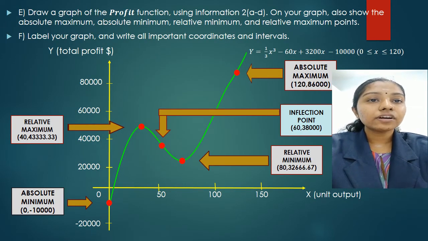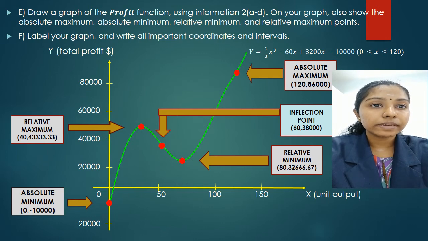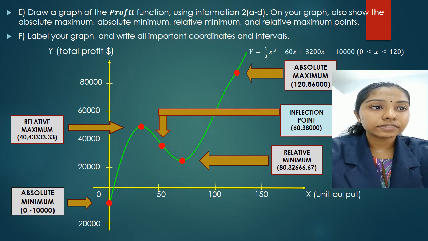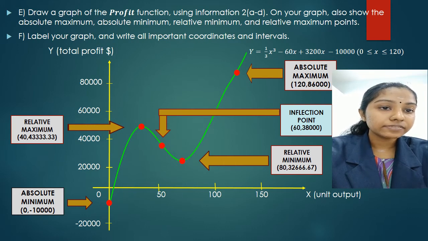Question E. Draw a graph of the profit function using information 2a to d. On your graph, also show the absolute maximum, absolute minimum, relative minimum and relative maximum points. Question F. Label your graph and write all important coordinates and intervals. So the absolute minimum point is 0, negative 10,000.